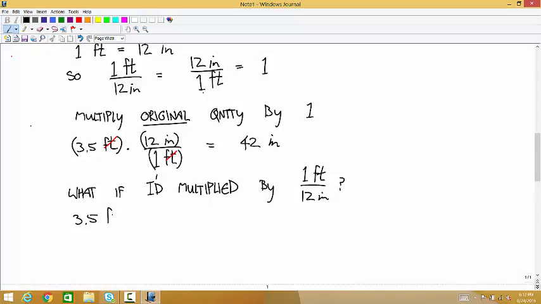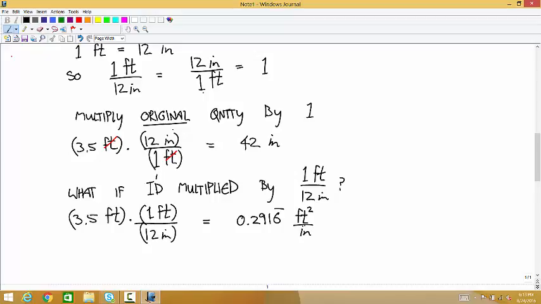So 3.5 feet, and then multiplied that by 1 foot over 12 inches. Well, nothing cancels here, and so we end up with 3.5 over 12, which is like 0.2916 repeating. And the units we get are feet times feet over inches, so feet squared over inches.